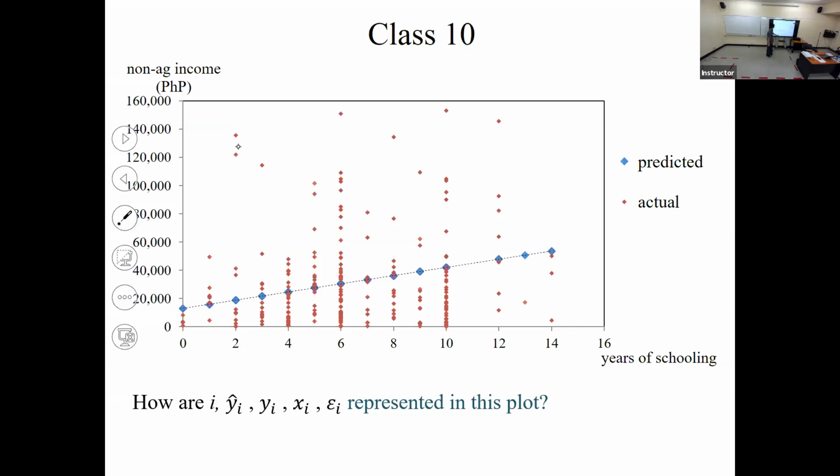How about x? xi is the values on the horizontal axis. So it can be 0, 1, 2, 3, 4, 5. Only integer values. What about epsilon?